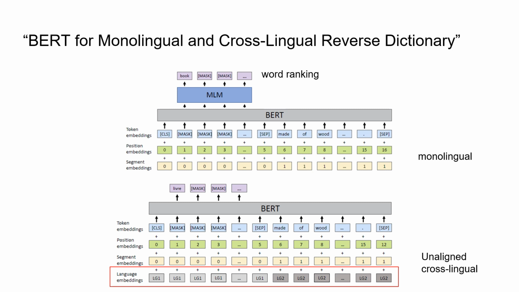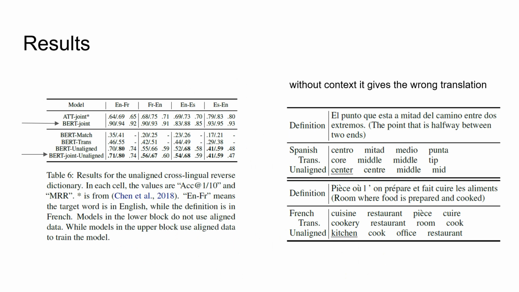For cross-lingual tasks, they add an extra language embedding. When training, language 1 and language 2 will be the same value, because we don't have paired cross-lingual data. But in the evaluation stage, we can change the language 1 token to predict the target word in another language. The result is quite surprising.